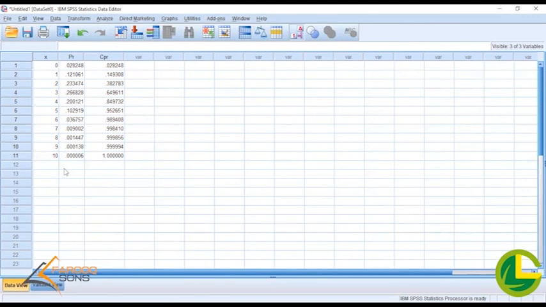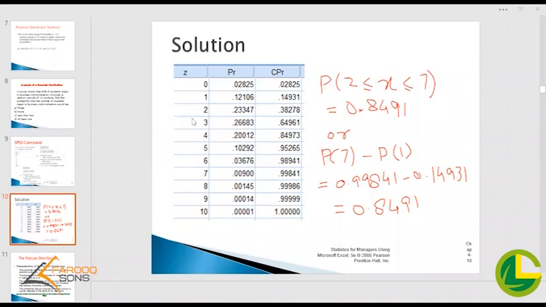Now, up to here, I have explained how to find the probabilities of binomial. Now, in exams, how will you give the answers? I'm going to show you the slides again. Actually, this is your answer.